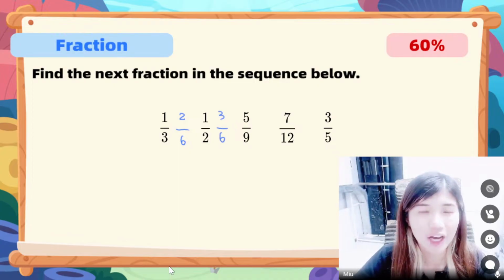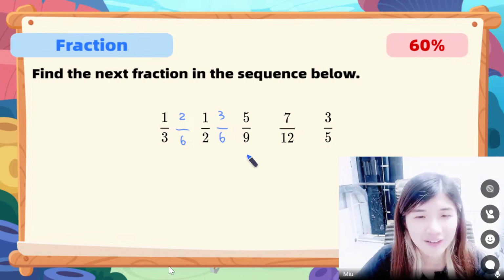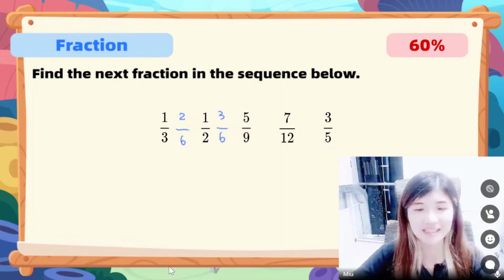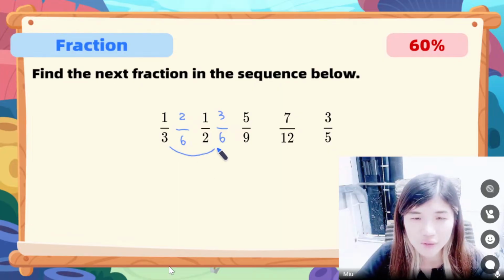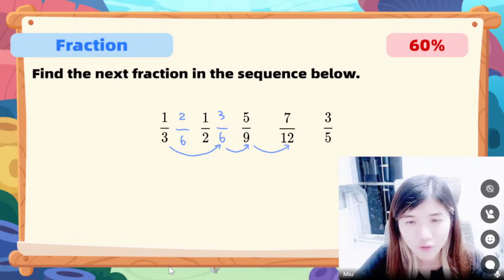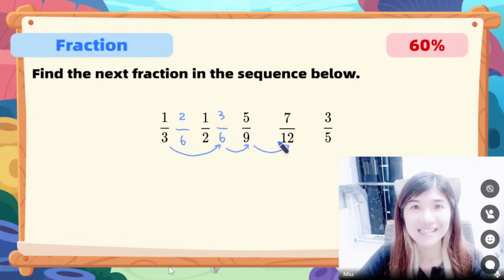And you find out that now you can observe the pattern. Yes, look at the denominator. Once you find out it is 6, then from 3 to 6, and then from 6 to 9, and then from 9 to 12. It makes sense.